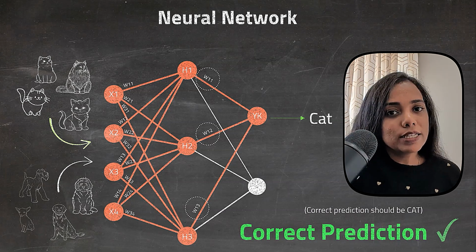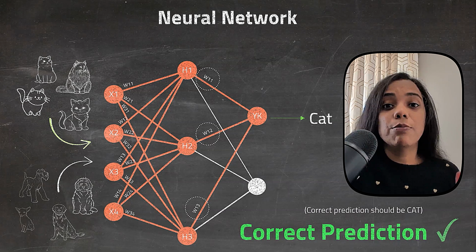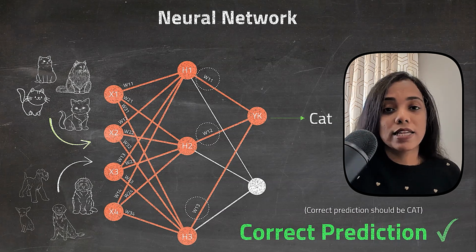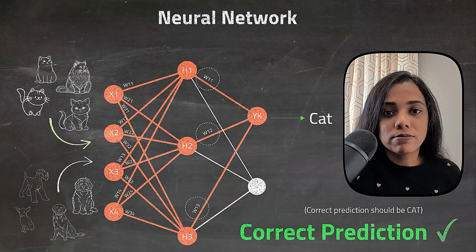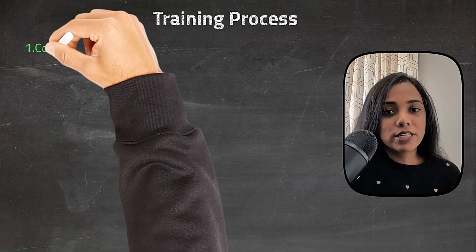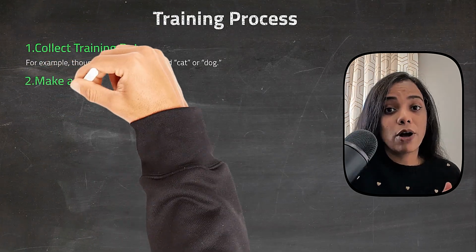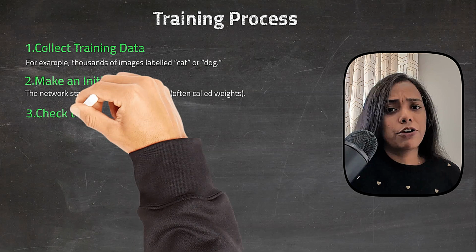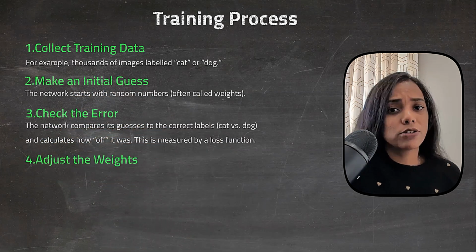You keep doing this till you're satisfied with the model's performance. For example, if the model is predicting a cat or a dog pretty well on most of the images, then you can stop. This process is essentially the same for all network types, whether you're dealing with CNNs, transformers, or any other type of architecture.